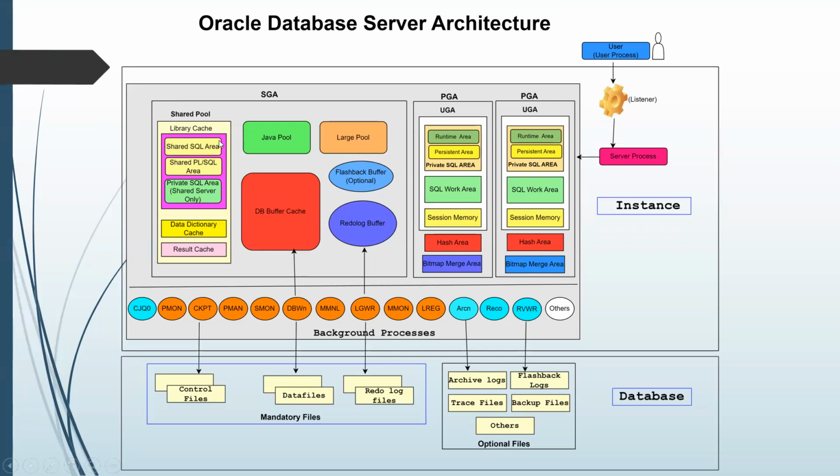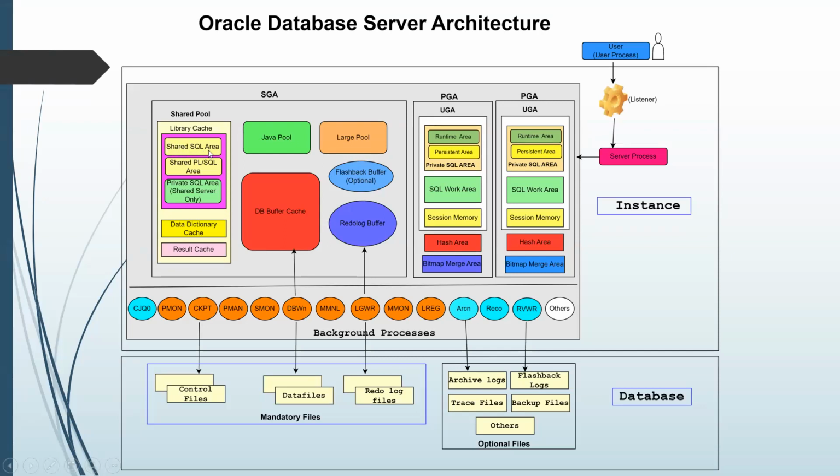Now, there will be a time during the day or in a couple of days wherein this 2 GB that was allocated to the shared SQL area gets full. After there will be about, say, a few thousand SQL statements stored in the 2 GB, right?